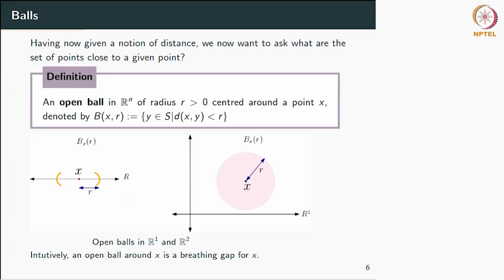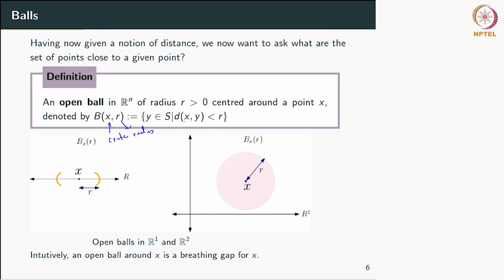To do that, we will require the notion of open ball. An open ball in Rn is again a set. It is a ball of radius r, strictly positive, centered around a point x, and we will denote it by B(x, r). So, x is the center of the ball and r is the radius of the ball.